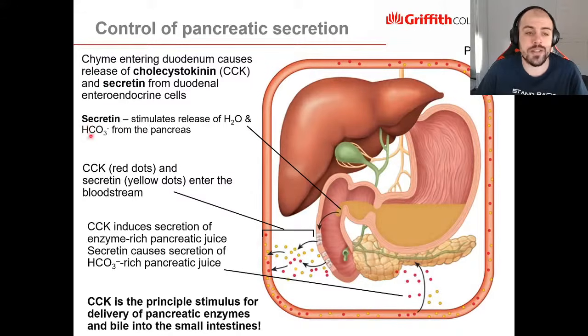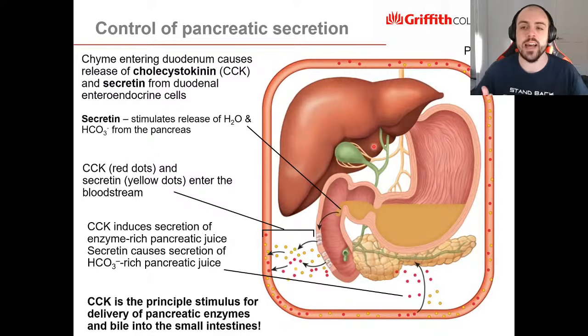HCO3-, that is bicarbonate. That's the chemical symbol for bicarb. And of course, we have water. Now, that's secretin. What CCK does is essentially triggers the pancreas and triggers our gallbladder to release all of these digestive enzymes and all of that.